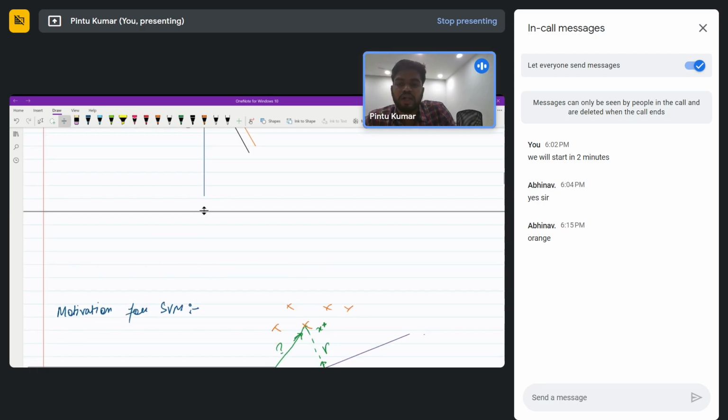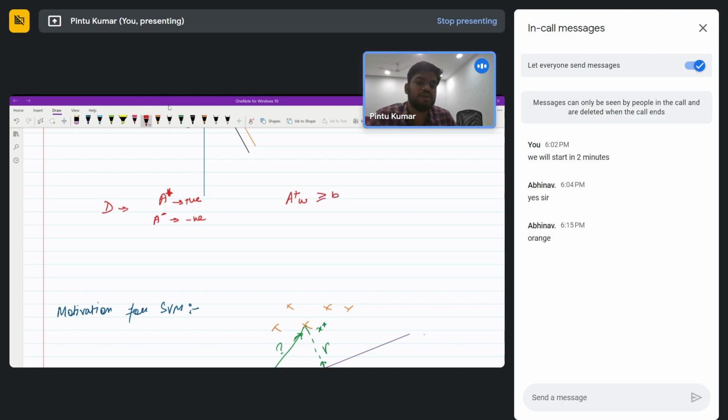Before that, I would like you to recall one theorem that was done in the course, I think last week, which said that if you have a data set, and A plus denotes the matrix containing all the positive class data points, A minus denotes all the data points of the negative class, and if A plus W minus B is greater than or equal to B, and A minus W is less than or equal to B, then you can suitably scale your W so that you obtain something like this, with E also over here.